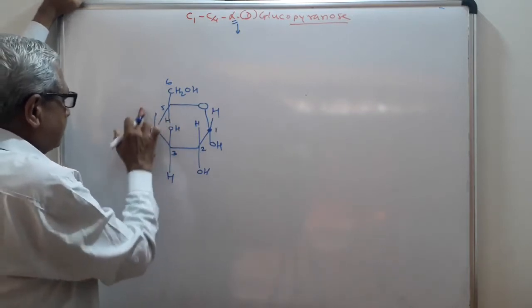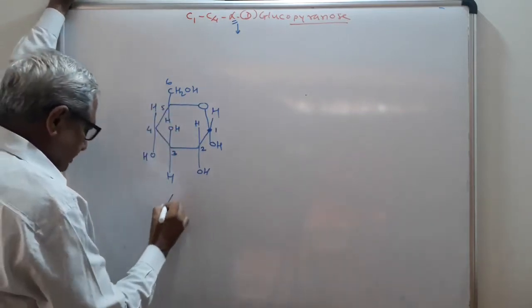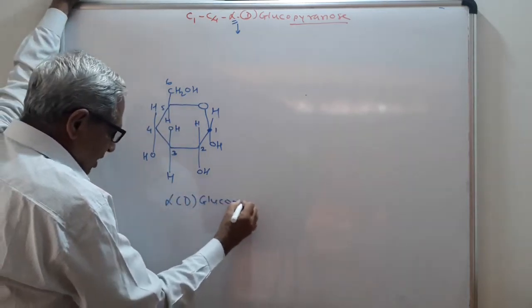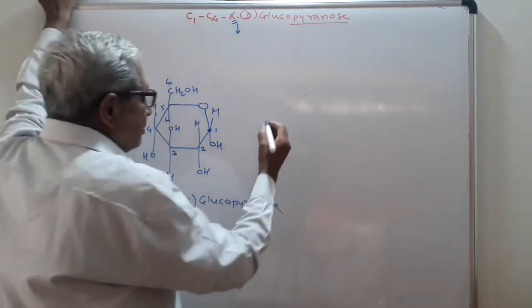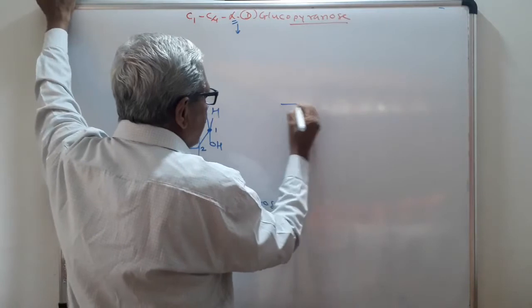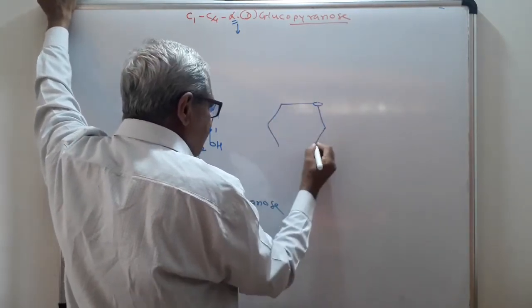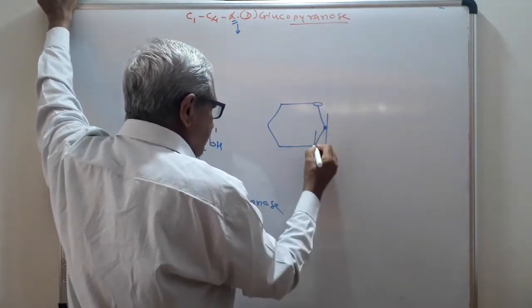Again, you can also draw another structure of alpha D glucopyranose. This is alpha D glucopyranose. You can also draw the second molecule of alpha D glucopyranose. See the 6-member ring containing an oxygen atom at the top. This is your anomeric carbon 1.